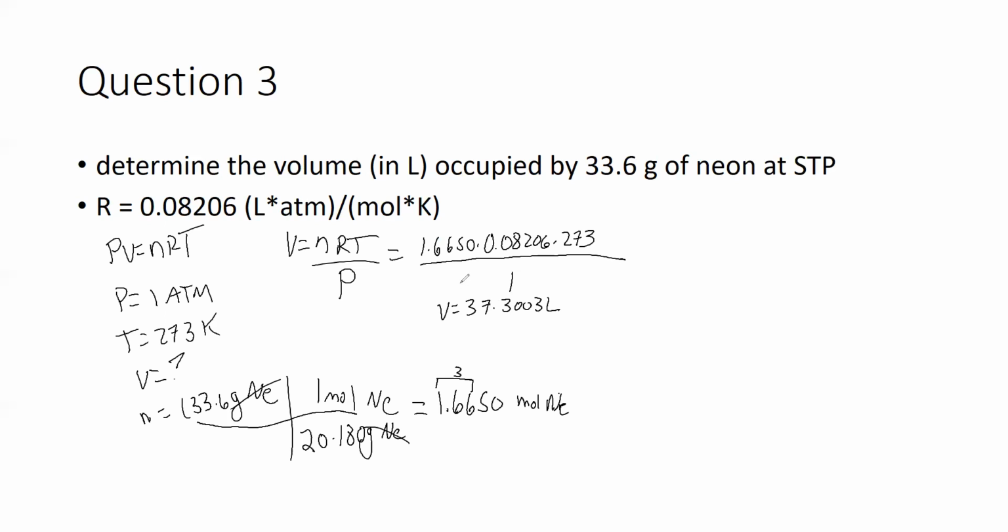37.3003 liters. Check my sig figs, and it should be 3, temperature is 3, and our N was 3. So it's going to be those 3. 37.3 liters is my volume at these conditions.